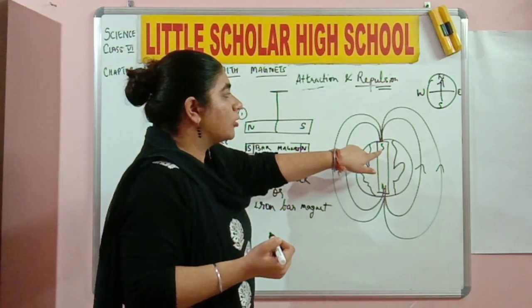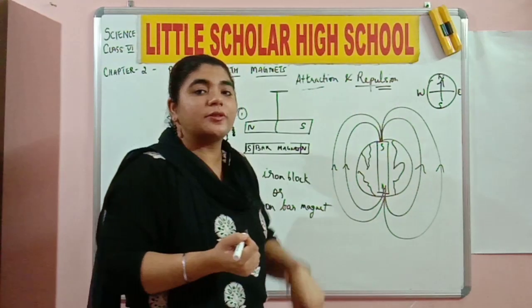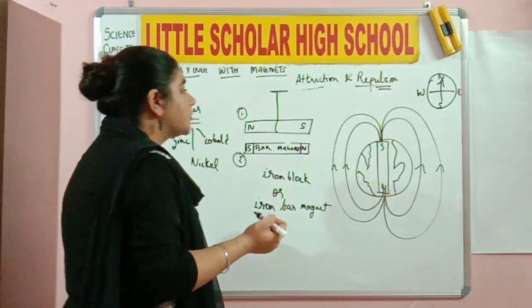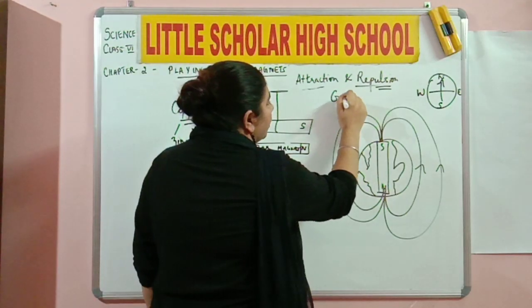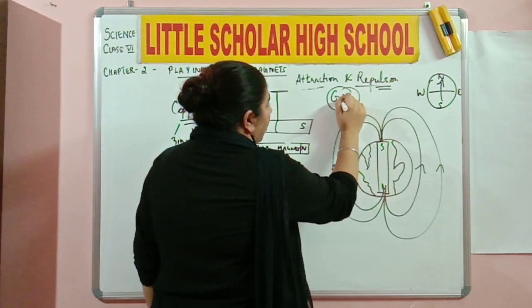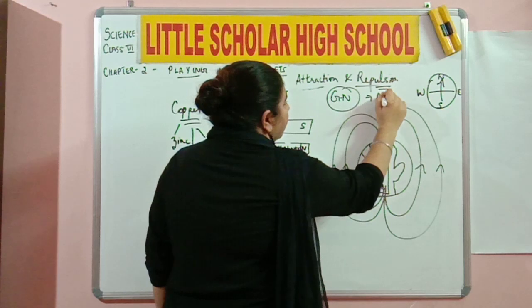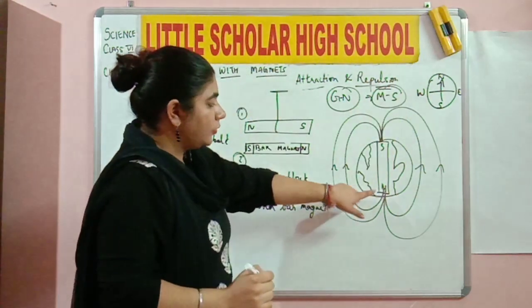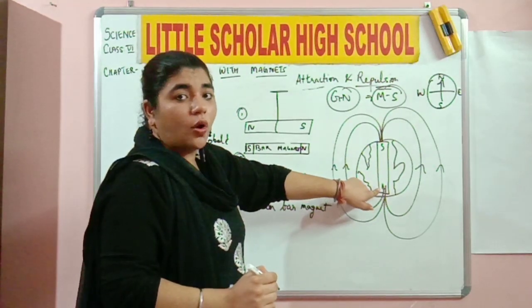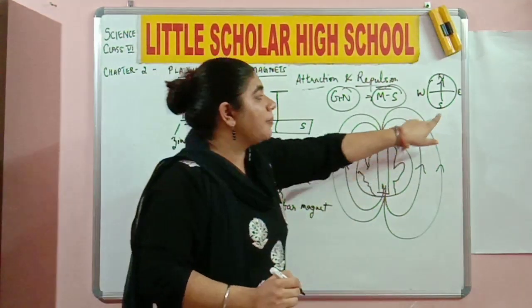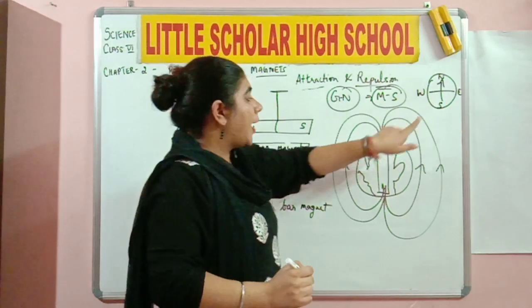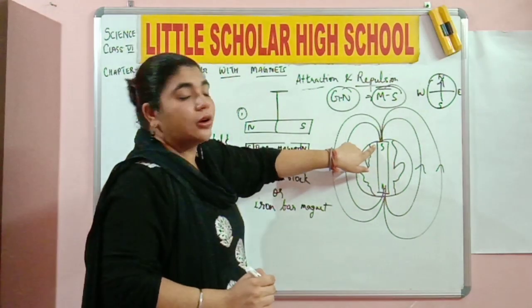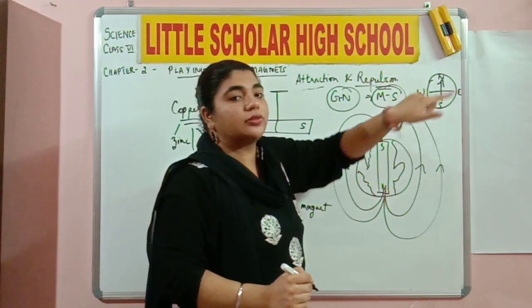If this pole was north pole, the pointer would be pointing opposite. So what does this mean? That the geographical north of the earth is nothing but the magnetic south. Did you understand? The geographical north of the earth is nothing but the magnetic south. And the geographical south of the earth is nothing but the magnetic north.